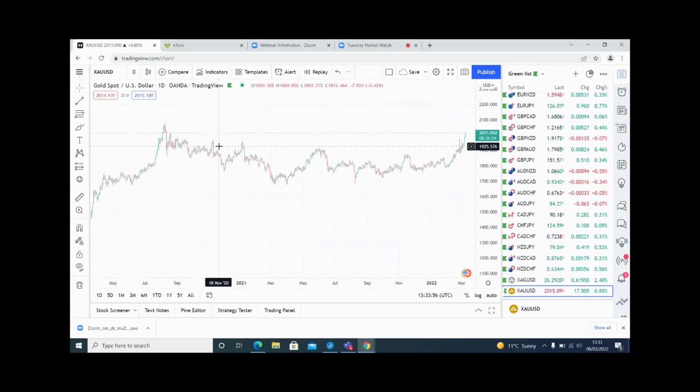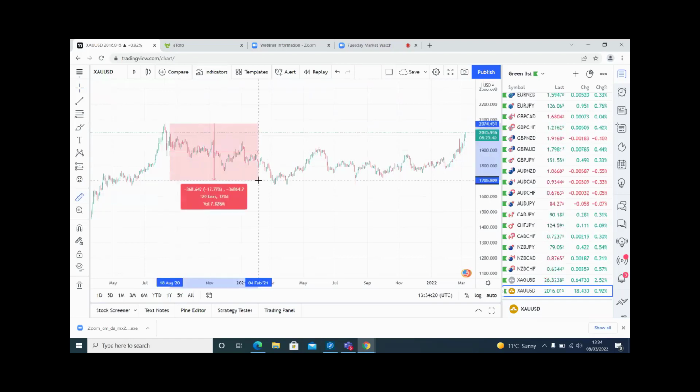It dropped from 2000 all the way down to here, 1675, which is a pretty big drop. So that was a drop of 20%.